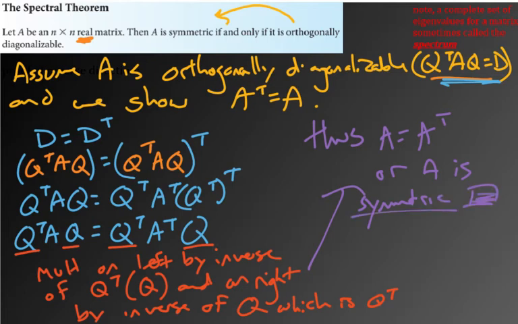So that's just the proof of the reverse direction of the spectral theorem. But a very important little thing is that if you see a symmetric matrix, it is going to be orthogonally diagonalizable. And if you have an orthogonally diagonalizable matrix, that matrix must be symmetric. That's just an equivalent statement, okay?